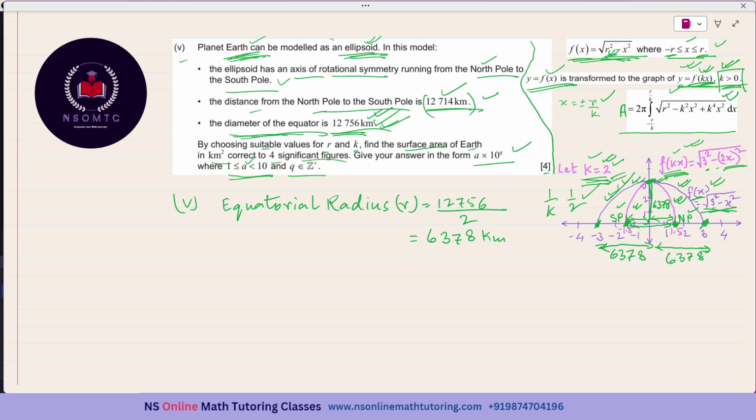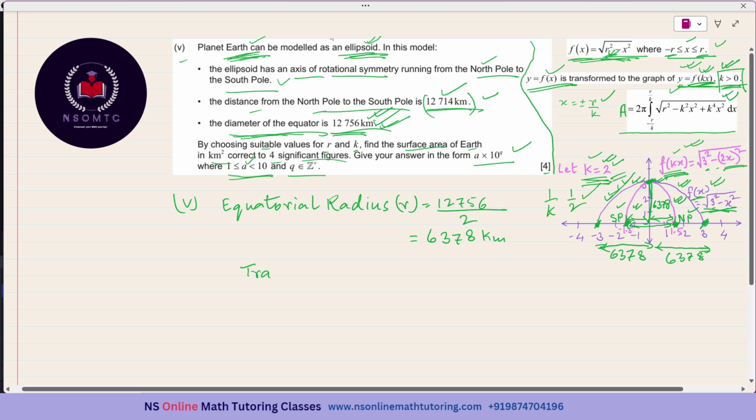So I can write the transformed radius, maybe R1, equal to 12714 divided by 2, which is equal to 6357 kilometers.